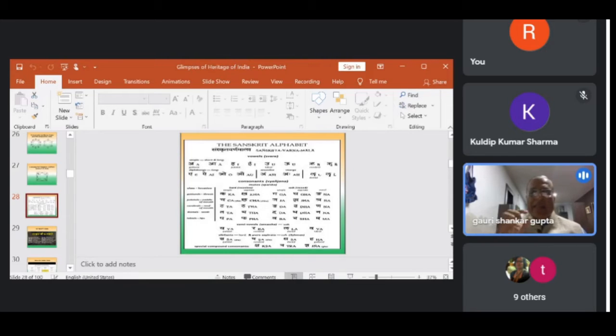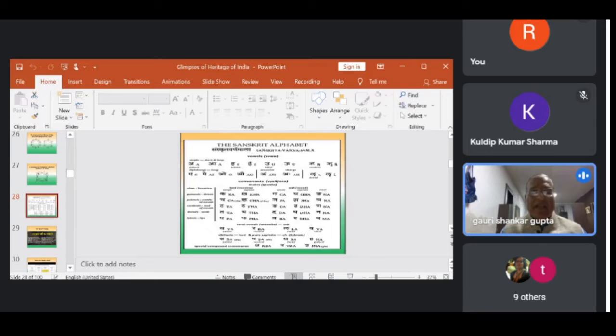So K varg has a specific sound process where the tongue and the upper part of the mouth meet in a place. Similarly, Che varg has a very different sound process because the meeting place of our tongue and the upper part of the mouth is different. Similarly, Te varg is a little after that, and the next Te varg is further down.